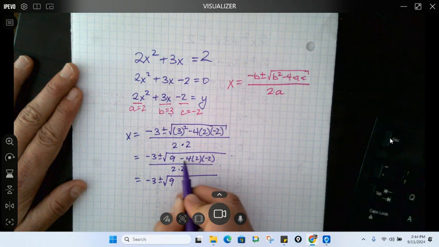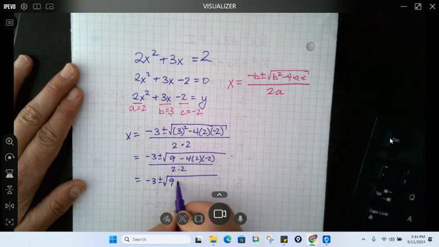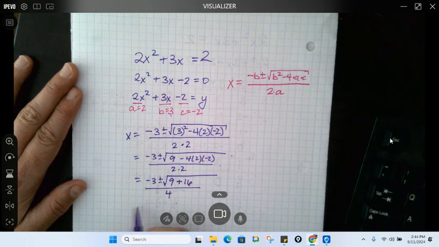So here I have a negative 4 times 2, but then times another negative 2. So this would have been a negative 8 times another negative 2, would be a positive 16, all over 4. Okay, and then 9 plus 16 is 25, all over 4.